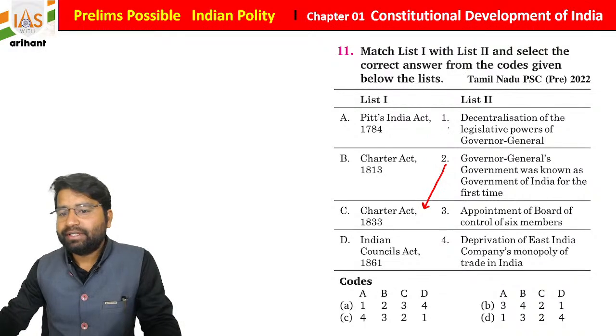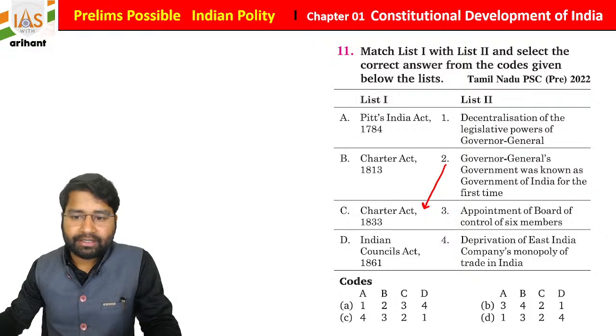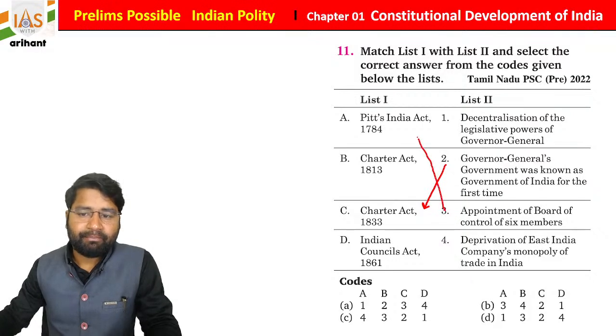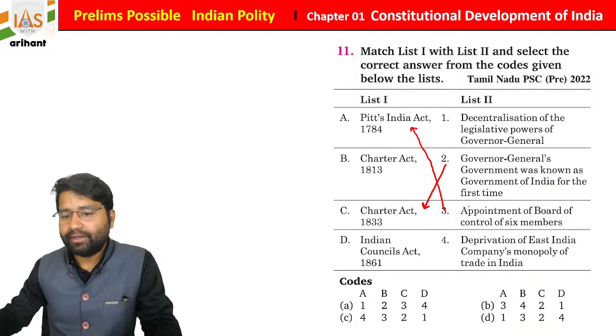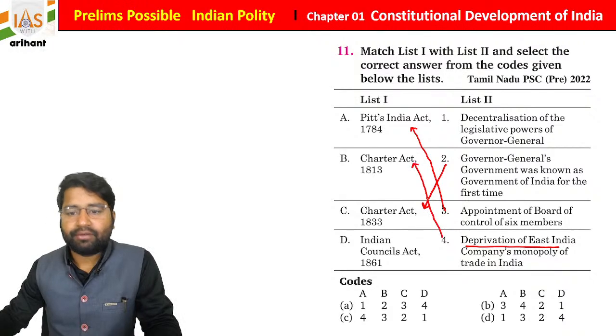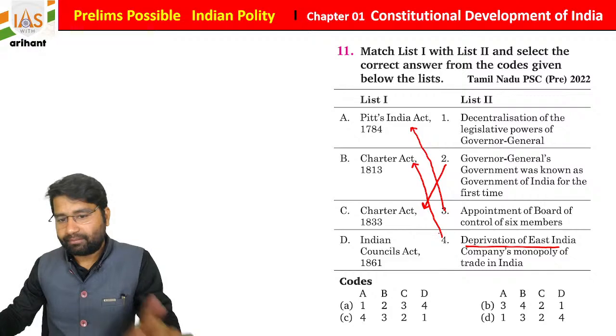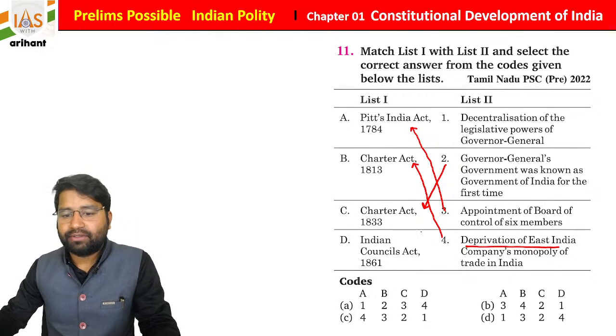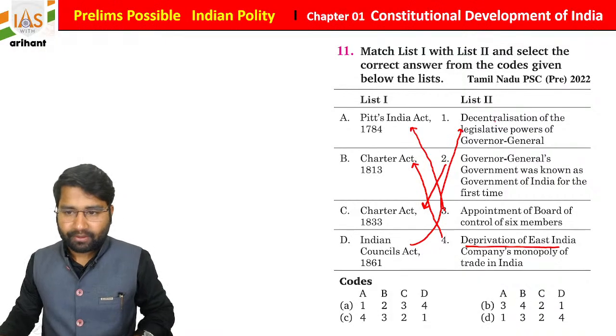Okay, if you see here, the appointment of the Board of Control with 6 members is by Pitt's India Act. And deprivation of East India Company monopoly to do trade in India except trade with China and trade in tea and opium, that was option B, so here it means C. And the last one is the Indian Councils Act 1861, which decentralized the power of the Governor General.